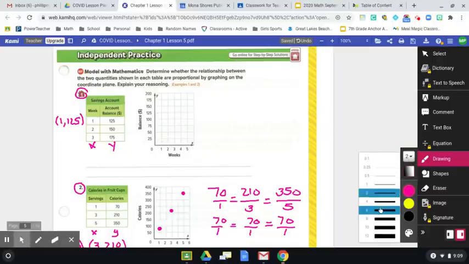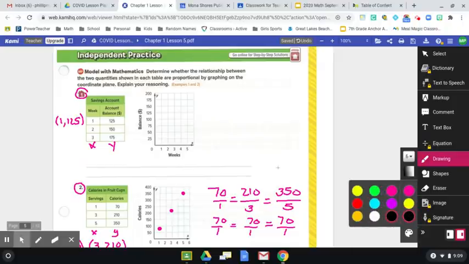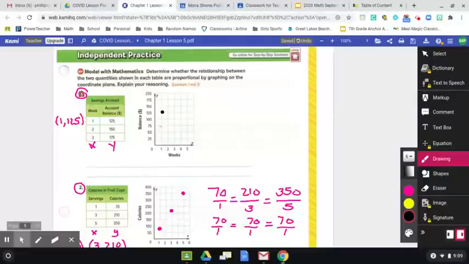So right here, if we then graph, the next point is going to be 150, 2 weeks, $150. And then at 3 weeks, there's going to be $175 in that account. So over 3 and up 175.